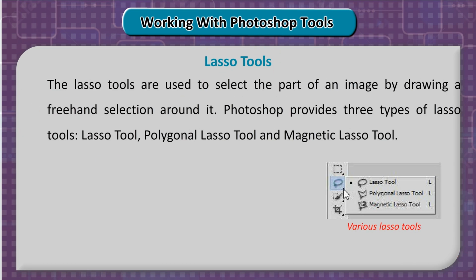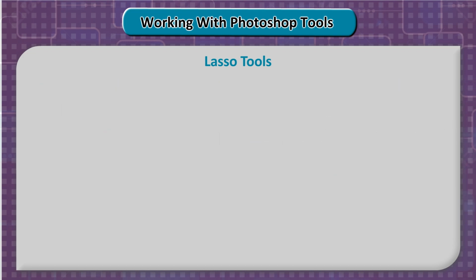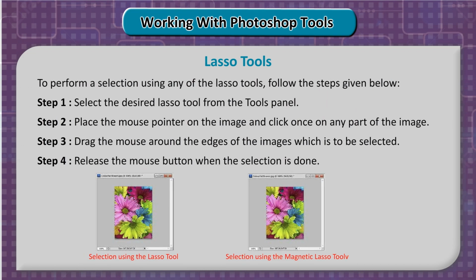Lasso tools. The lasso tools are used to select the part of an image by drawing a freehand selection around it. Photoshop provides 3 types of lasso tools: lasso tool, polygonal lasso tool and magnetic lasso tool. To perform a selection using any of the lasso tools, follow the steps. Step 1.